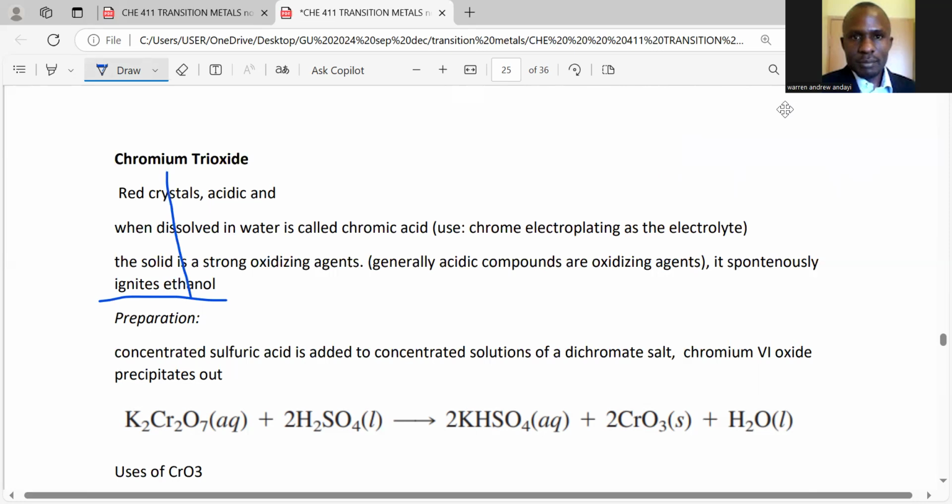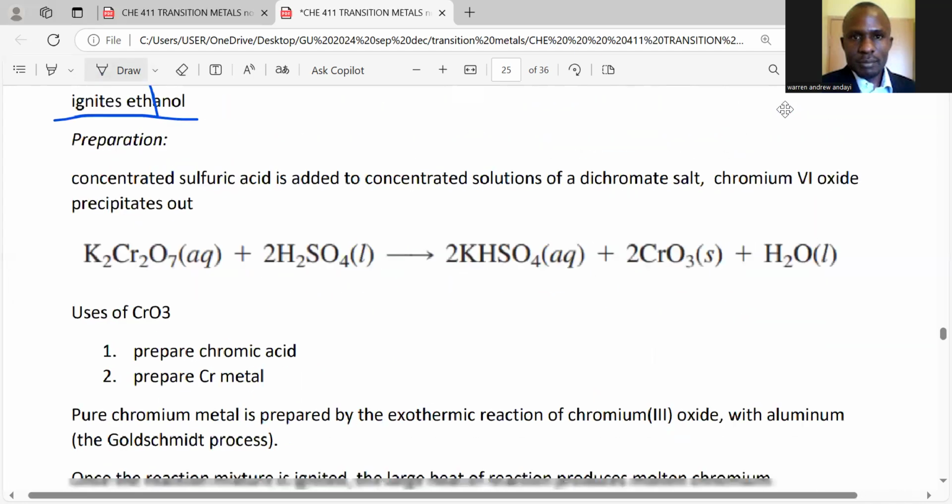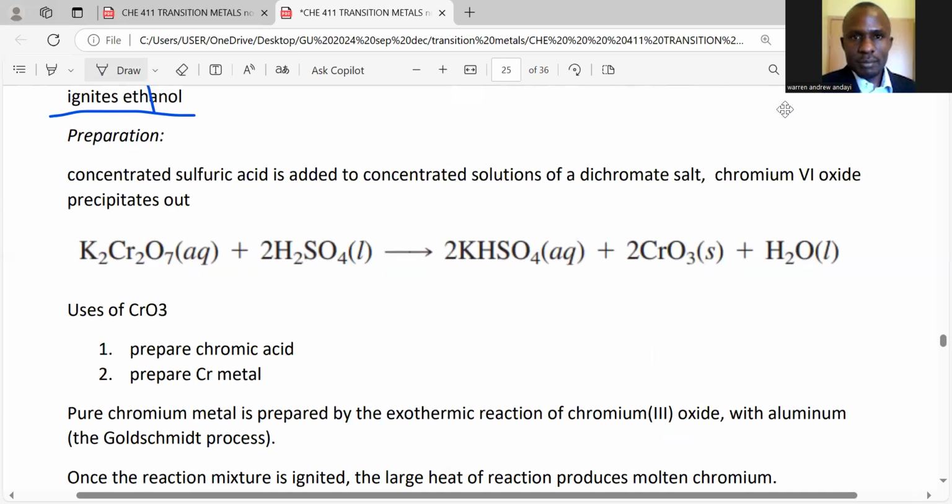How is it prepared? It's prepared when you take concentrated sulfuric acid and add it to a concentrated solution of dichromate salt. Then what you get out is a precipitate of chromium 6 oxide. The equation is clearly here. Look at that equation and you can easily appreciate what is happening. It's not a difficult concept here. It's just an interchange of anions.